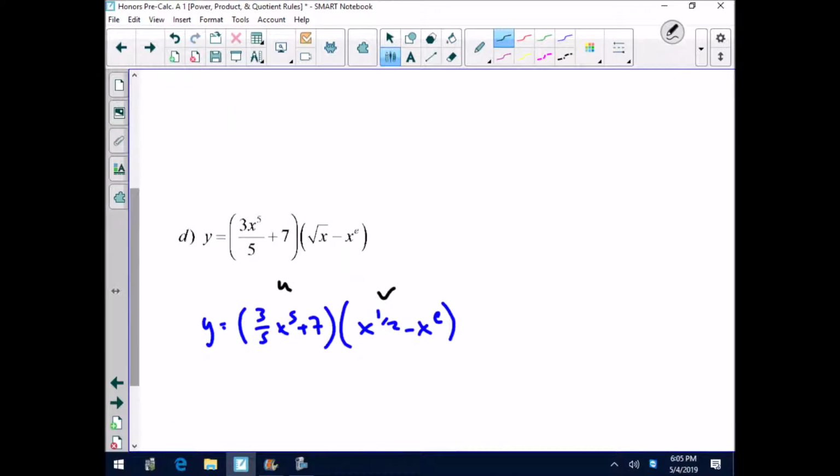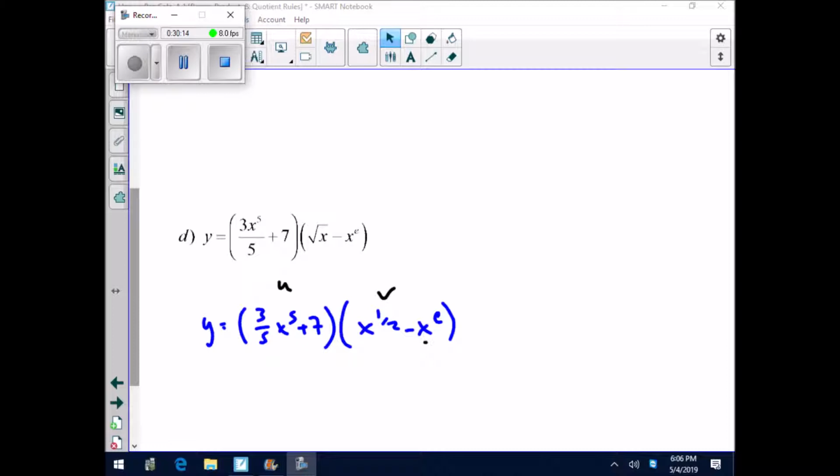And for our second function we're going to take the derivative of with the product rule, we can rewrite that 3x to the 5th divided by 5 as 3/5 x to the 5th plus 7. And then in our second parentheses we can say that our v would be x to the 1/2 minus e to the x, since e to the x is already in the form that we can take the derivative of with the power rule.